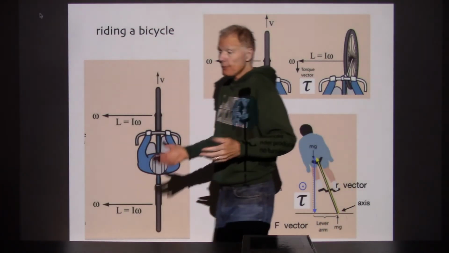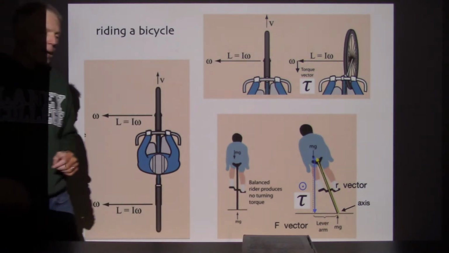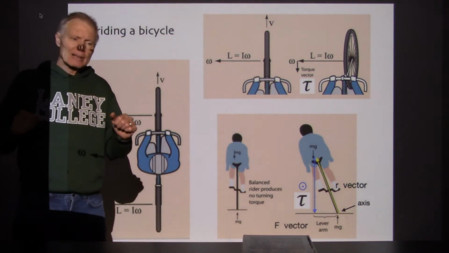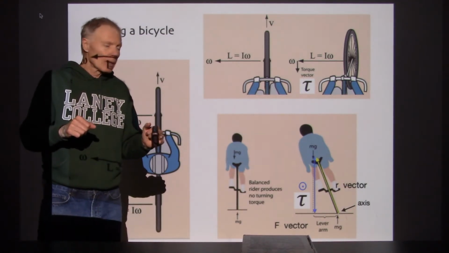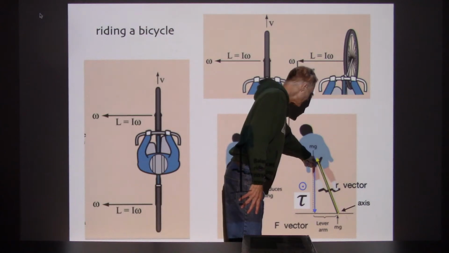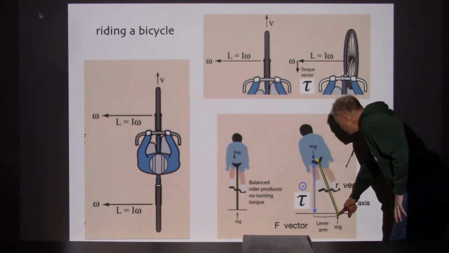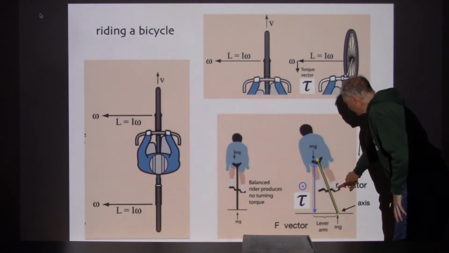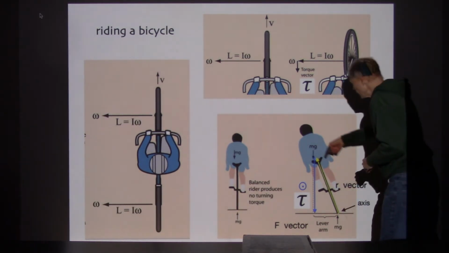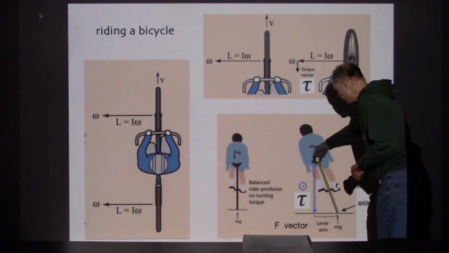So you can see people out riding bicycles without using the handlebars, right? And they do that by leaning left or leaning right a little bit. If I lean left a little bit, that creates a torque because of the offset gravitational force. So here is the normal force, lifting the bike, supporting the bike as it runs along the ground. Here is the gravitational force now. This is going to produce a torque.